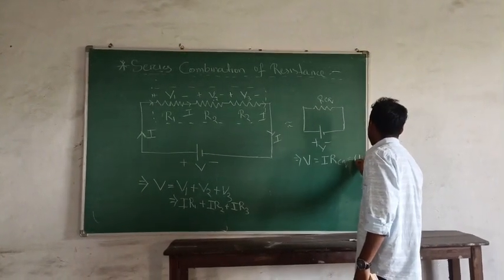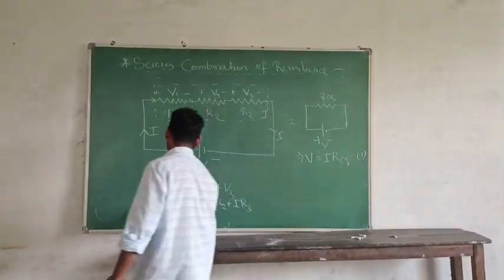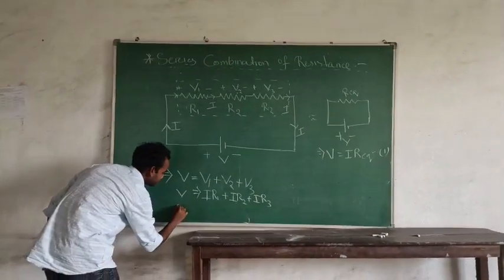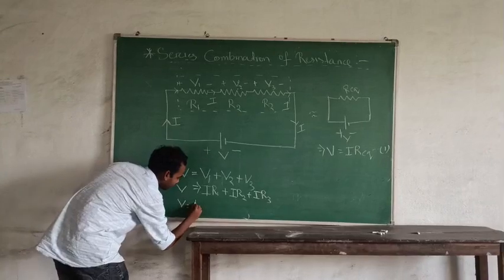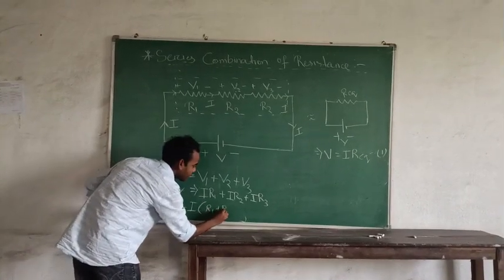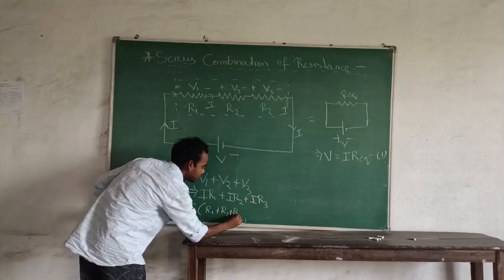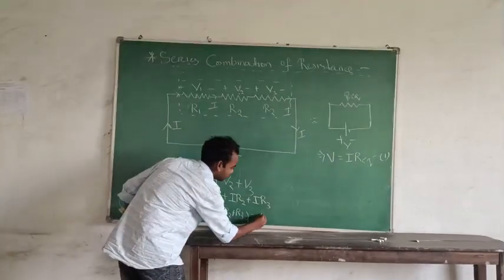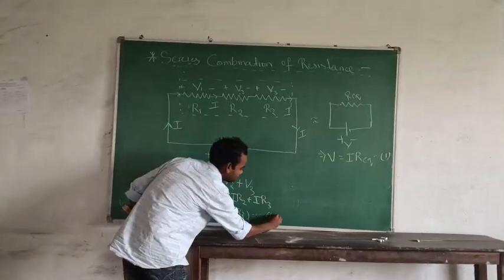Suppose this is equation 1. And V equals I taken as common, R1 plus R2 plus R3. Let's suppose this is equation 2.